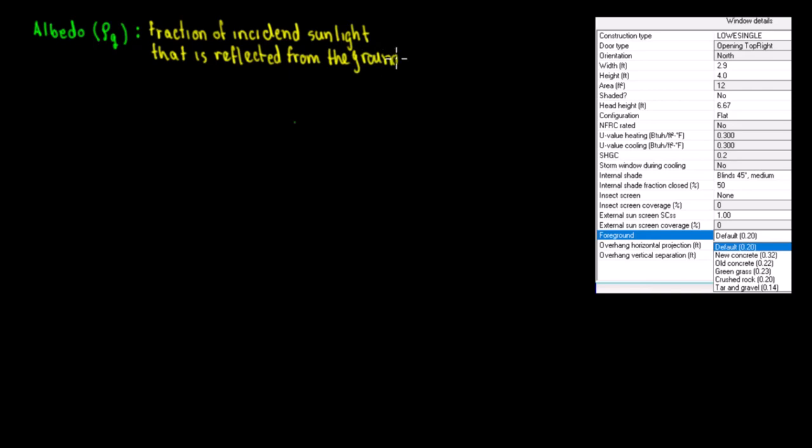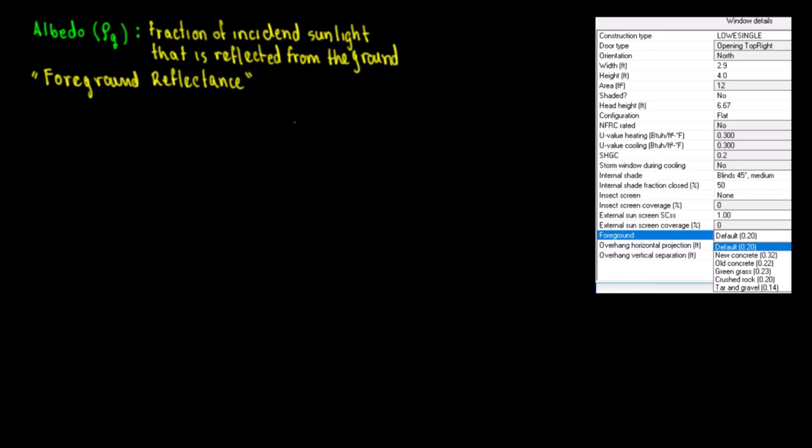In different software for heat load calculation, what they call it is, for example, foreground reflectance. The example on the right is from RightSoft. I took a screenshot from RightSoft, and we're gonna put that in pink.